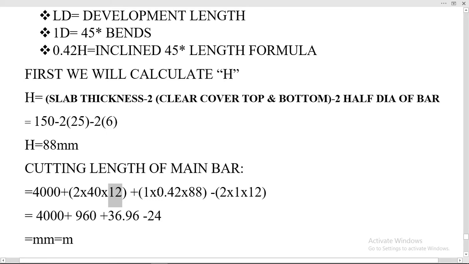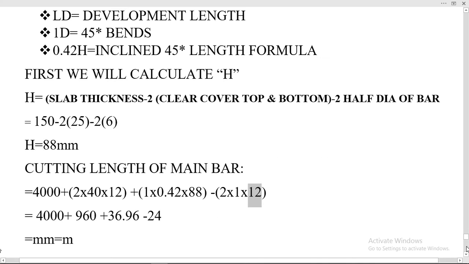So this is the bend length formula, 0.42 H, value is 88. We have one bend in one bar, so multiply with the 1, and in one bend length we have two 45-degree bends, that's why we deduct 2 into 1d. 1d is the dia, 12 millimeter.